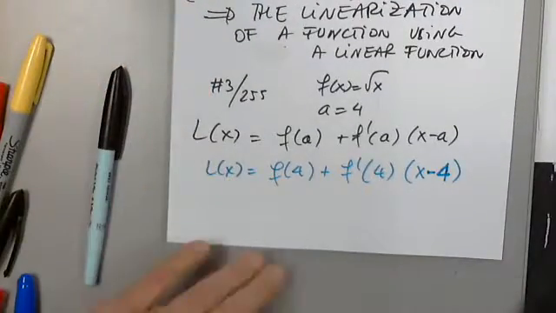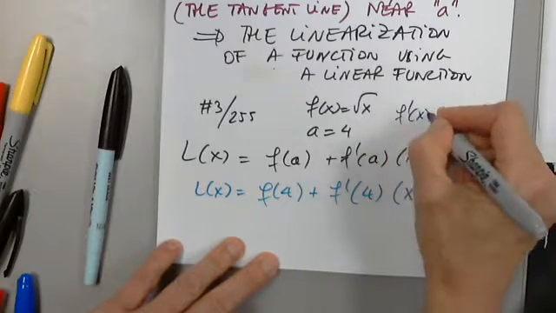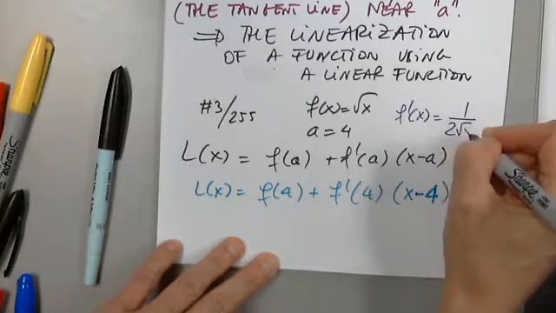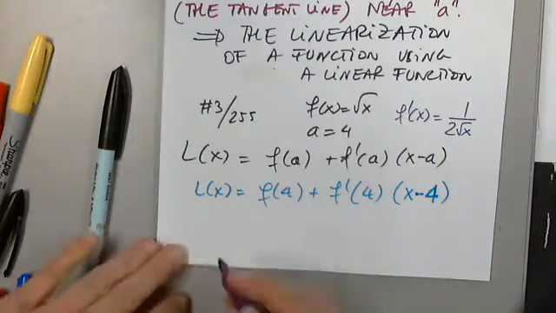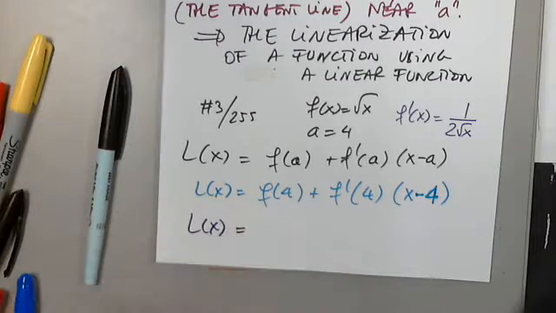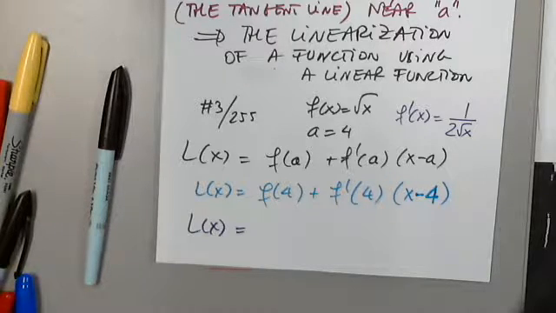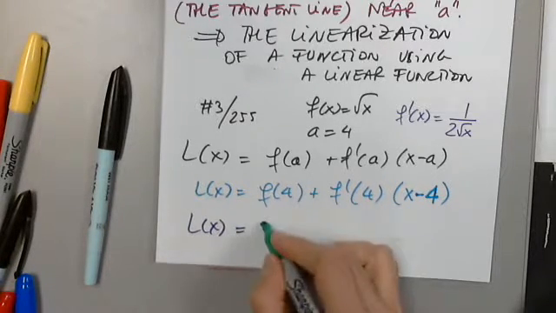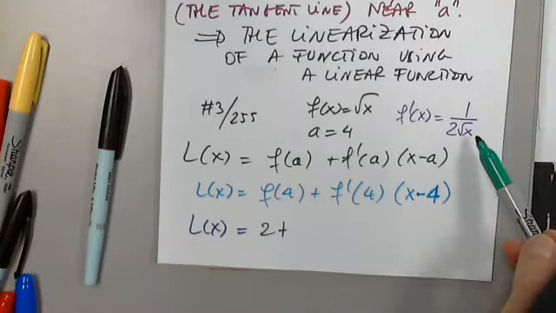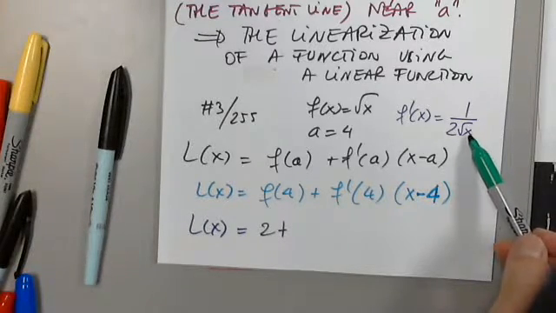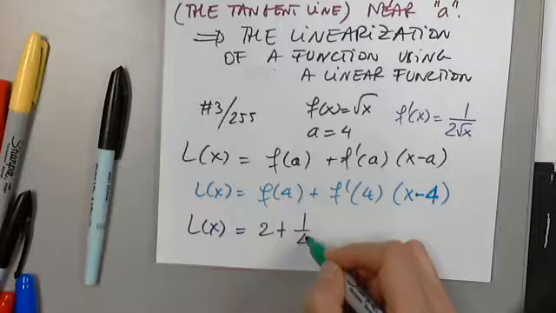Okay, so I have to find f prime of x, which is 1 over 2 the square root of x. F of 4, how much? 2. Plus f prime of 4. Perfect.